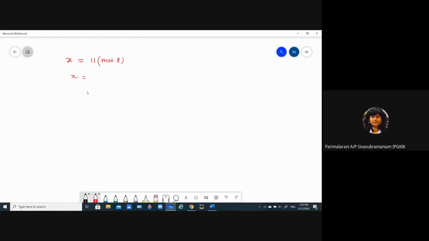That means this number here, when divided by 8, has the same remainder as 11 divided by 8. What is 11 mod 8? 3. 3, correct.